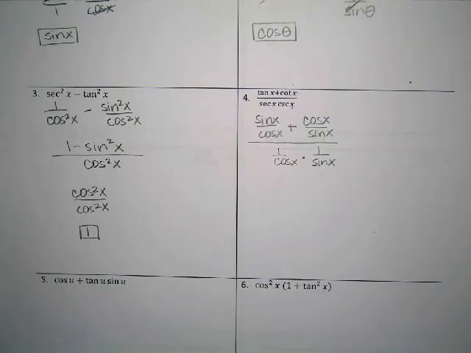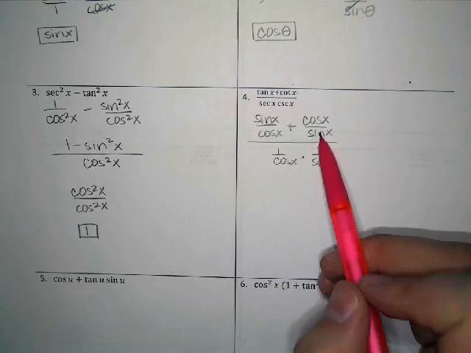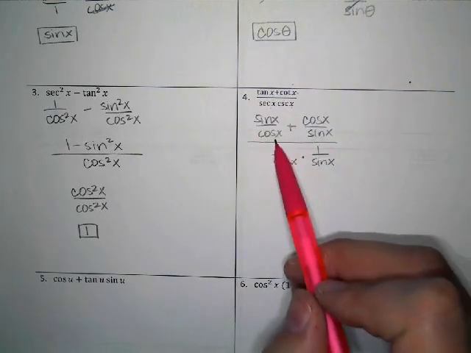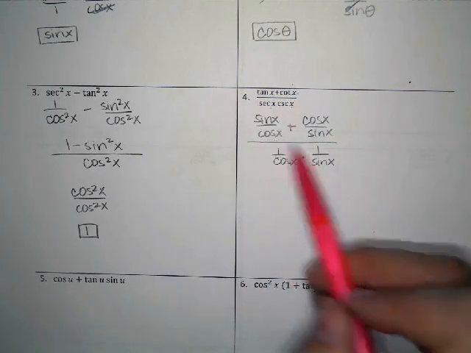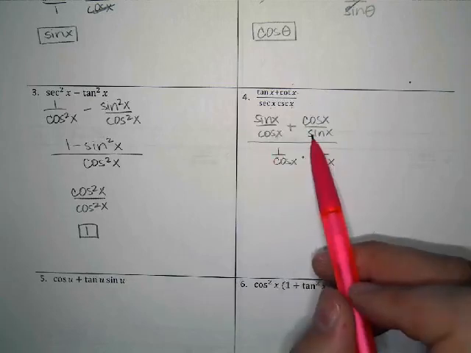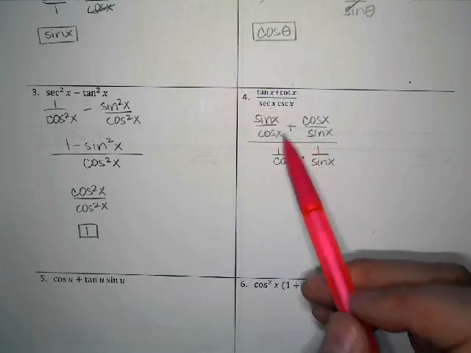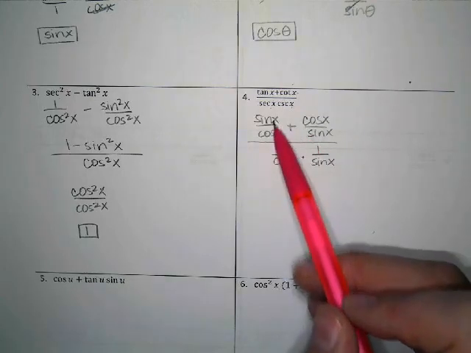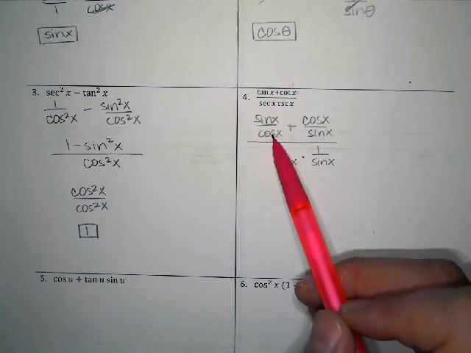Yeah, we got to have a common denominator because we got two fractions. We can't put them together yet. So how do we fix it so they have a common denominator? So this one we have to multiply by sine over sine. And this one we have to multiply by... Okay, so this one's going to be sine over sine. And this one's going to be cos over cos.